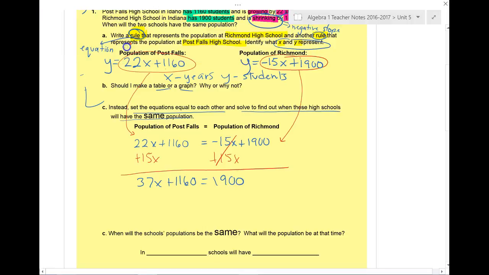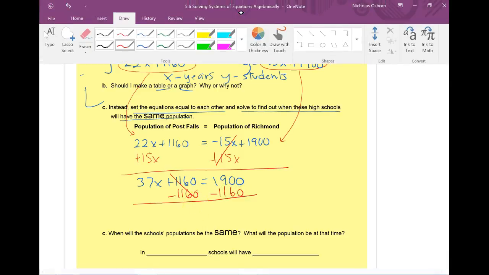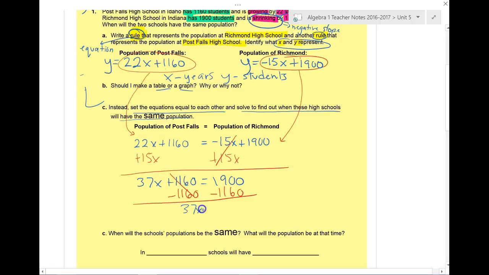I don't want any numbers on this side, so I'm going to subtract 1,160 from here, and again from the other side. Now I have 37x equals 740. Now I divide both sides by 37. I'm going to grab my calculator real quick and divide that. And x equals 20.